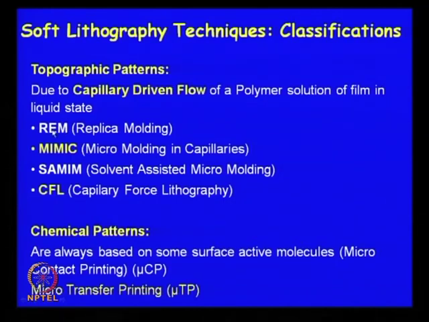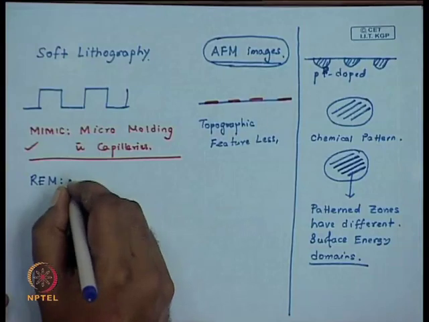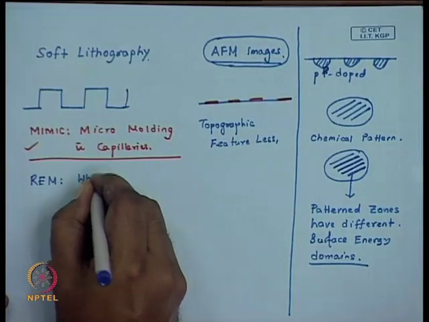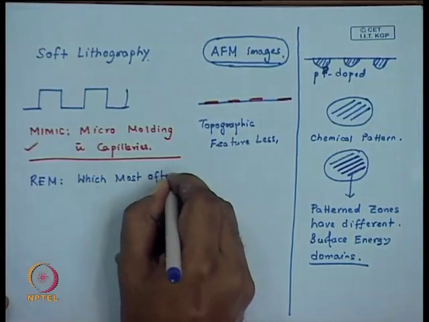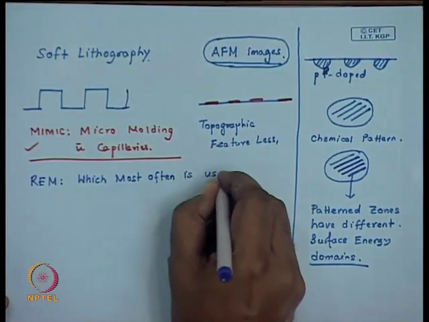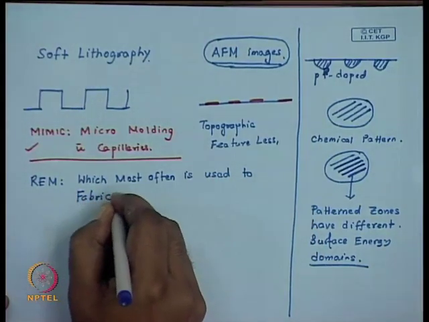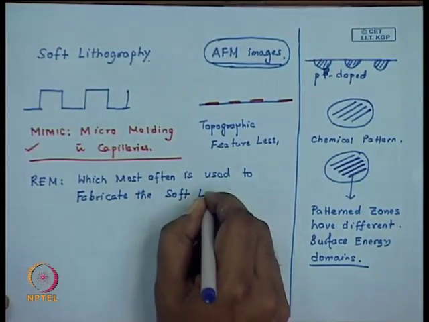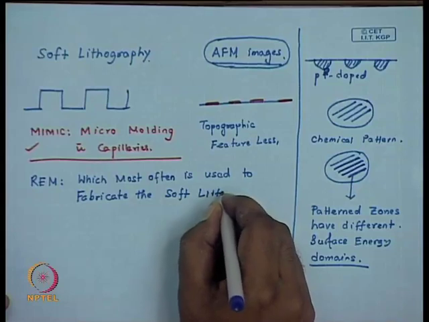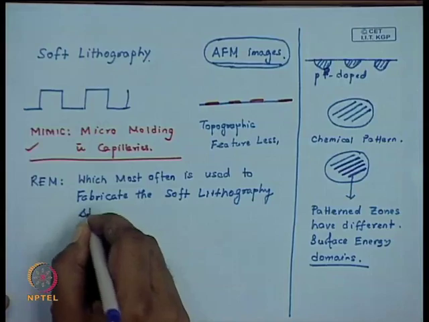Though this itself is a patterning technique, it is worth remembering that replica molding is actually the technique which is most often used to fabricate the soft lithography stamp itself.